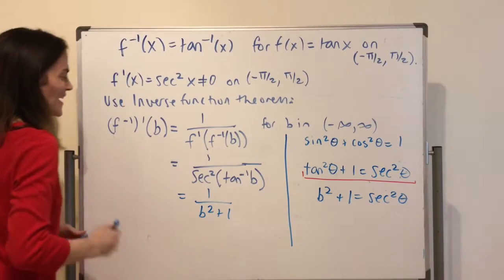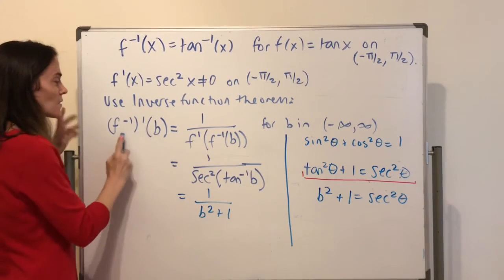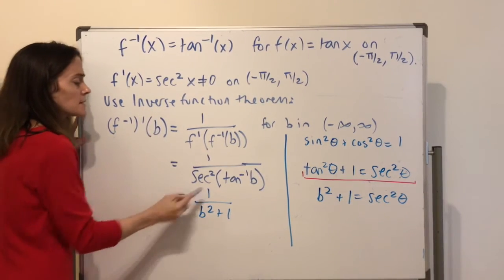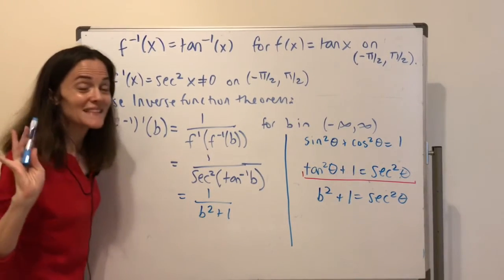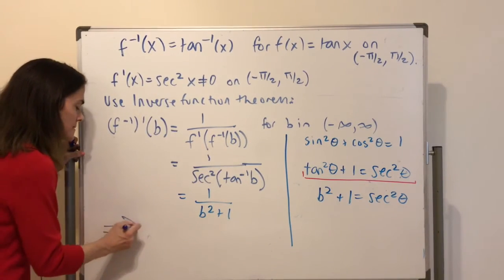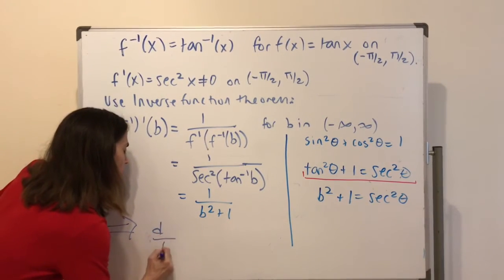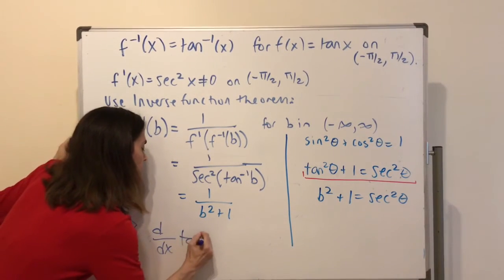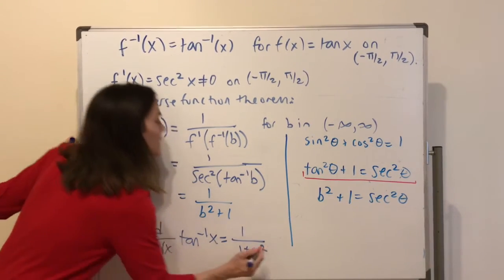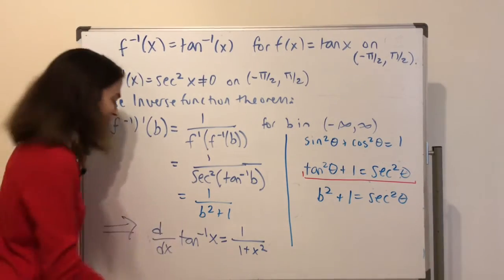Okay, so here we see f inverse prime at b is 1 over 1 plus b squared, and this exactly justifies that, I'll write it this way, the derivative of tan inverse of x is 1 over 1 plus x squared. Okay, it was the inverse function theorem yet again.